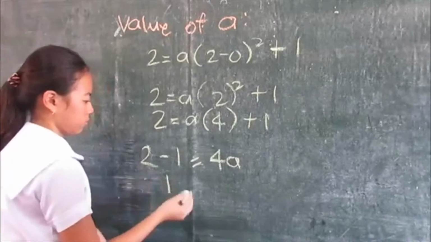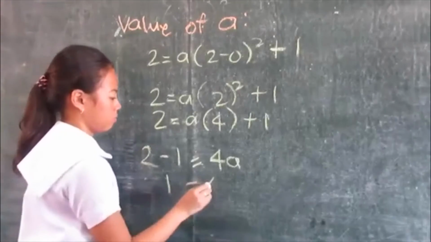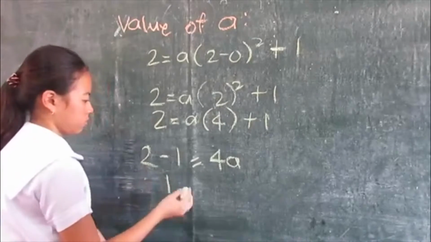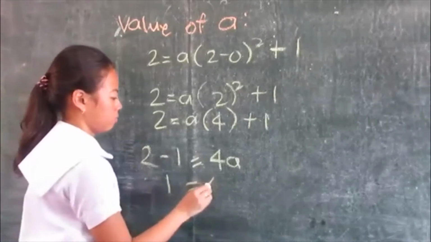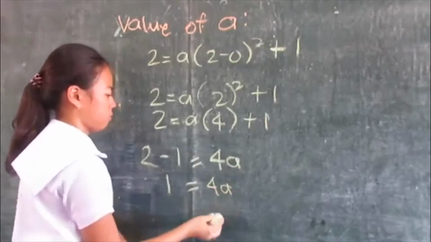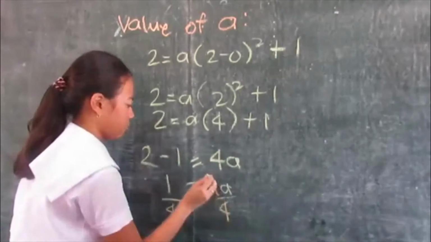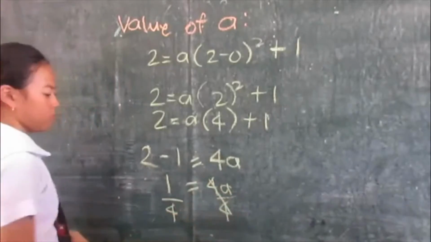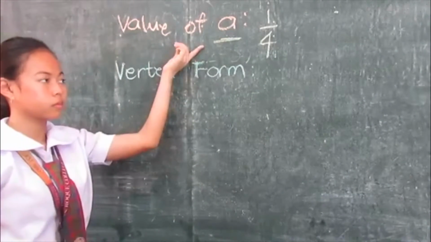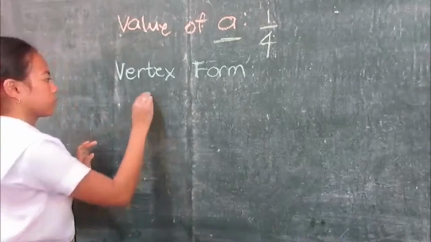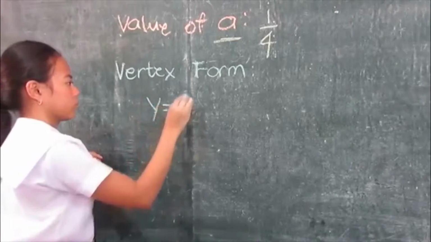We transfer 1 before the equal sign, then it will become negative 1. 2 minus 1 equals 4a. 2 minus 1 is equal to 1. Divide both sides by 4, then cancel 4 so that the only one left is a. Your a is equal to 1 over 4.